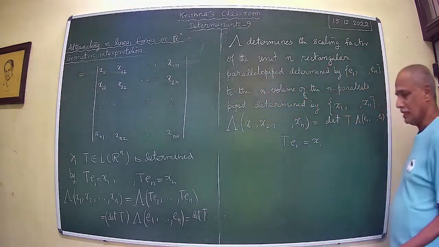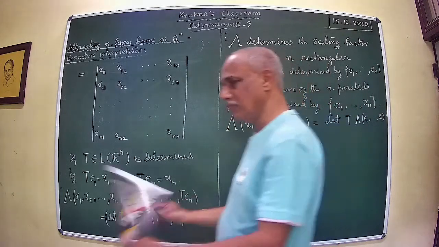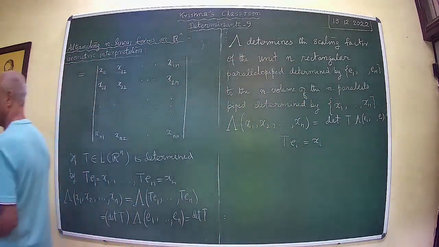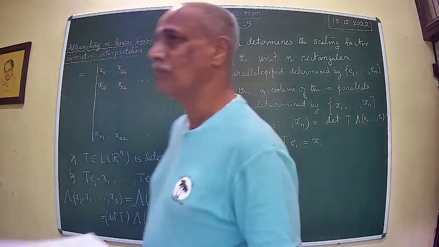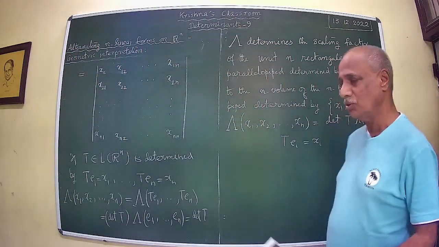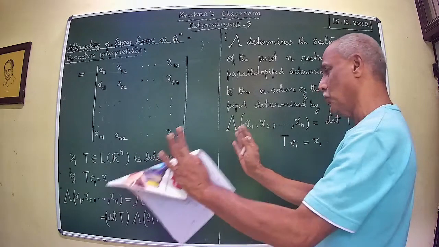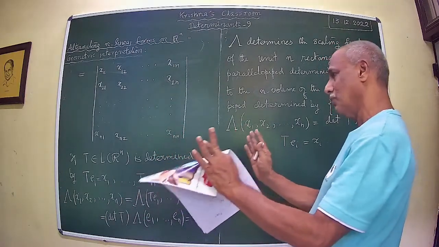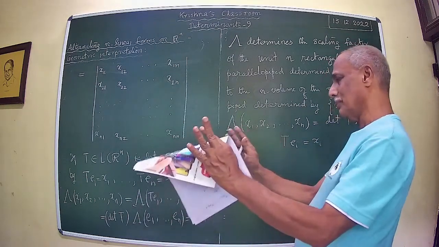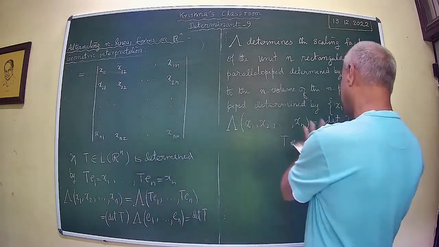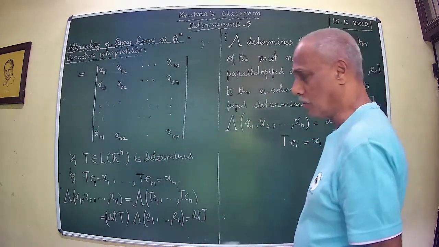So once again the same picture holds, but unfortunately we are not in a position to draw the picture, and we have already seen how it looks in the case of R2 and R3. So you have got a sort of unit n cube. I want to call it unit n cube. That unit n cube gets mapped into some parallelepiped.